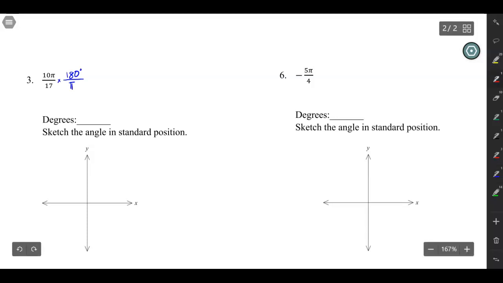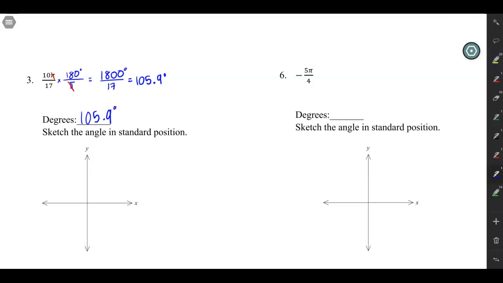One thing that you can also do is cancel your pi's out in this step if you want. Kind of save yourself a step. Okay. Then I'll have 180 times 10 is going to be 1,800 divided by 17. Punch that into your calculator. And you're going to get 105.9 degrees. So that is my degree measure.